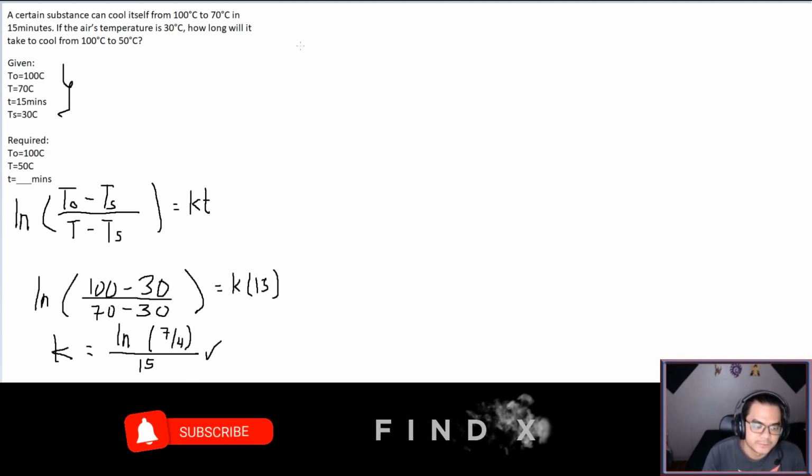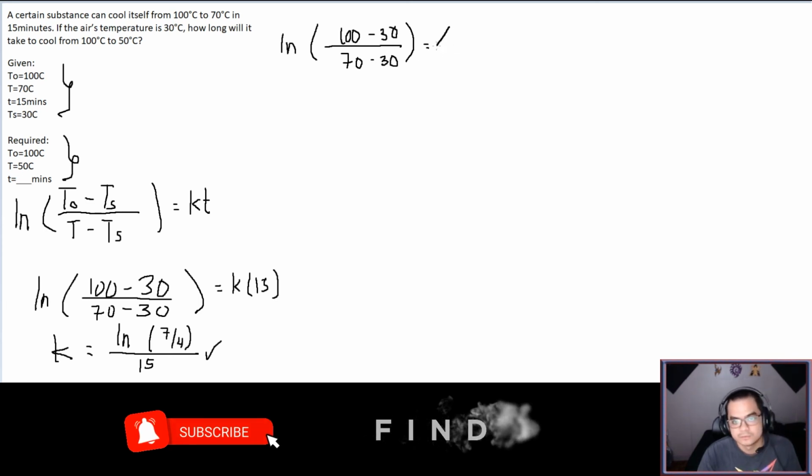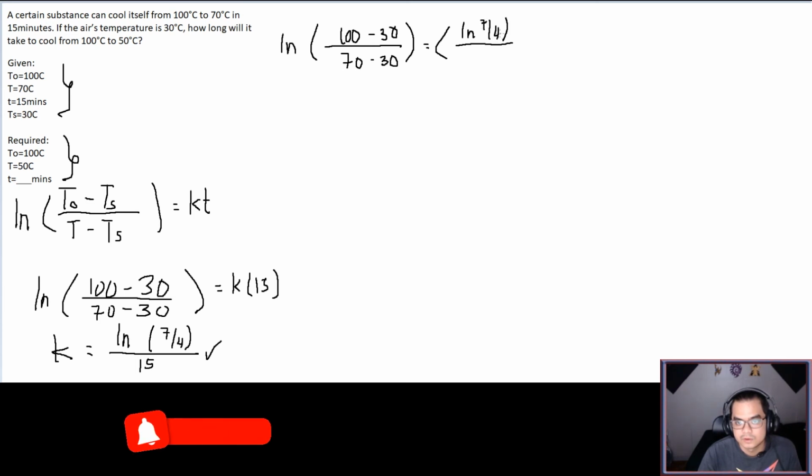Then next, let's apply the second condition. For the second condition, you'll have ln times T0 minus Ts. T0 is still 100, and Ts is still 30, and then for the final temperature it is 70 minus 30, equal to the value of k. We already have the value of k, which is ln 7 over 4 all over 15, times the t that you are looking for.